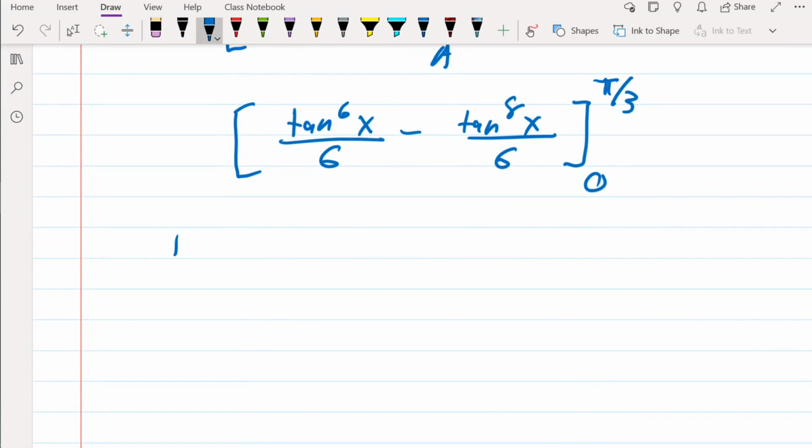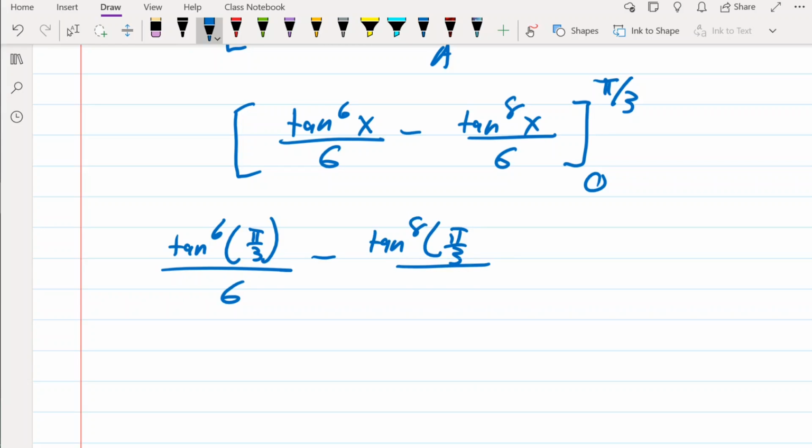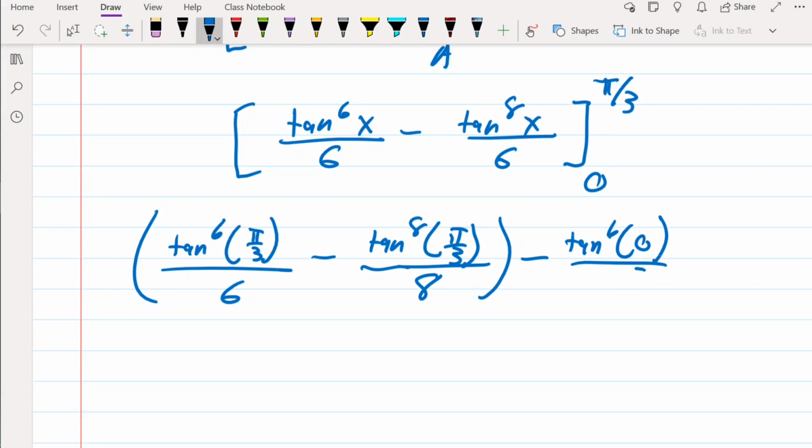So we're going to have tangent 6 of pi over 3 over 6 minus tangent 8 of pi over 3 over 8 minus tangent 6 of 0 over 6 minus tangent 8 of 0 over 8.